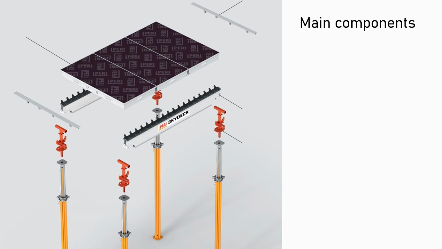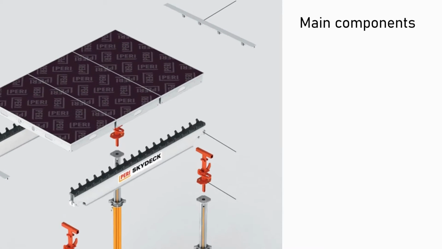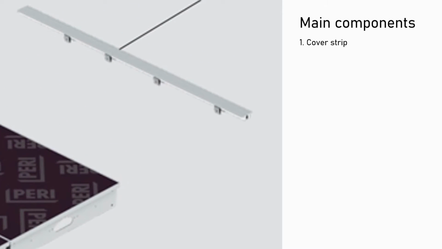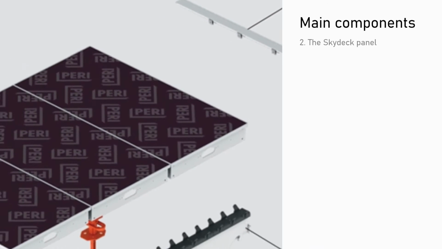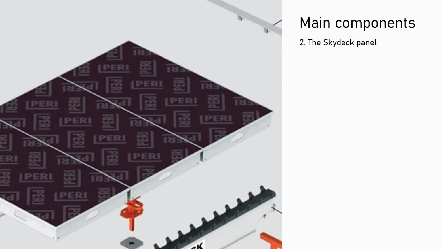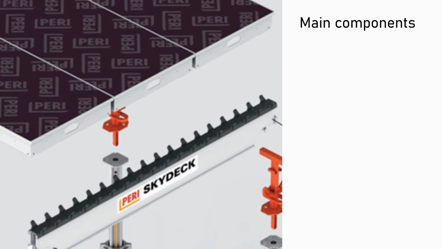Then, what are the four standard components used in the skydeck formwork? First, the cover strip is used with the drop head system and made of plastic. The second component is the skydeck panel. The lightweight aluminum frame is covered with 9 mm thick foam lining.